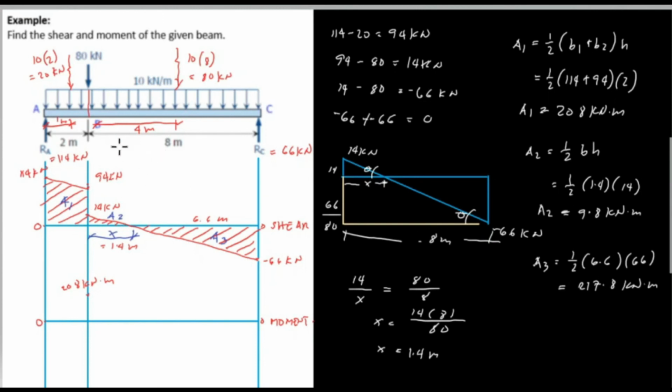Then the shape of the moment in this area goes from horizontal, which is the uniform load, to a diagonal, and the next shape is the curve.